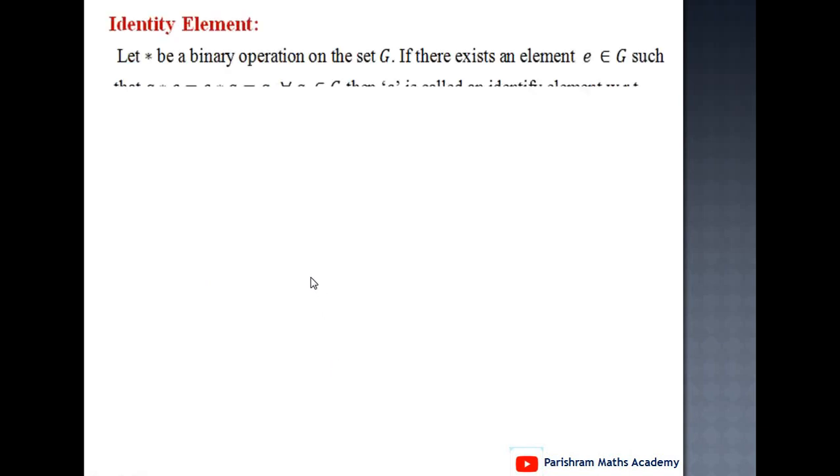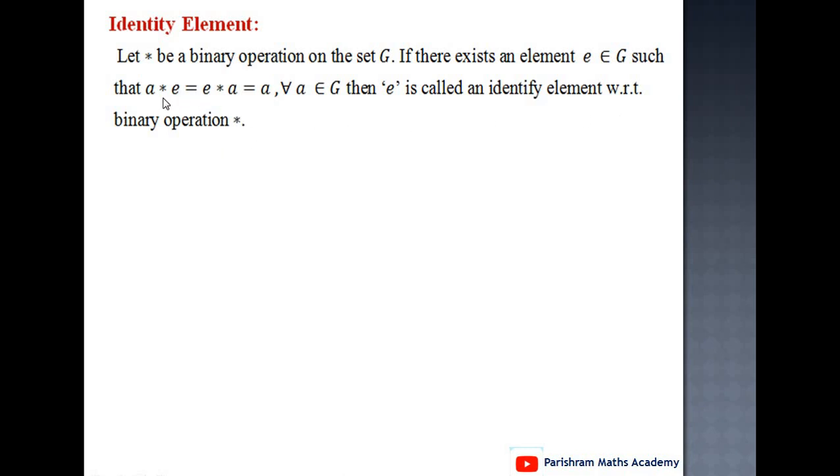Next, definition of identity element. Let star be a binary operation on set G. If there exists an element small e belongs to G such that A star e equal to e star A equal to A for all A belongs to G, then e is called the identity element with respect to binary operation star.